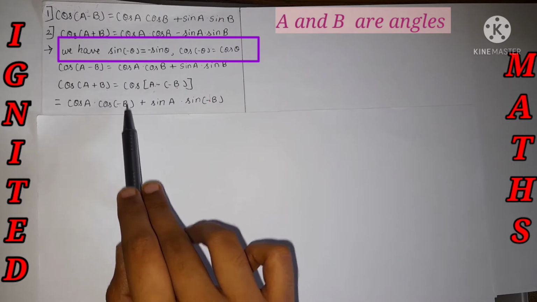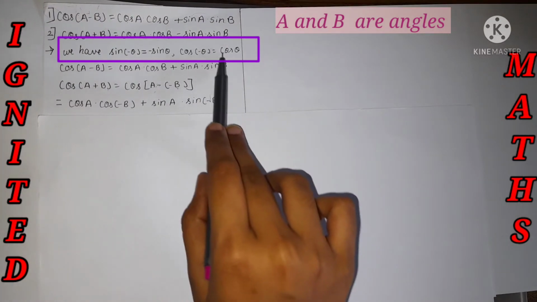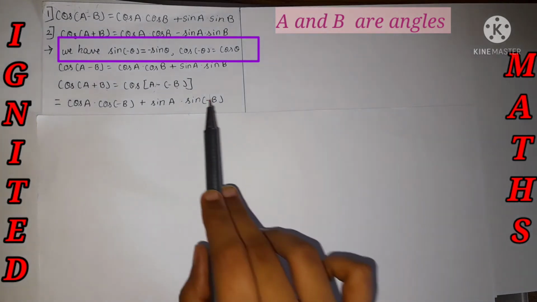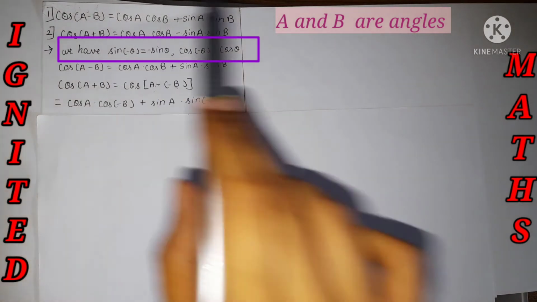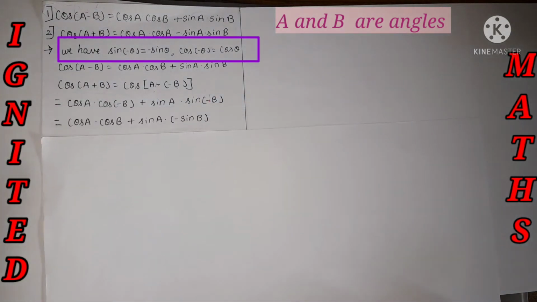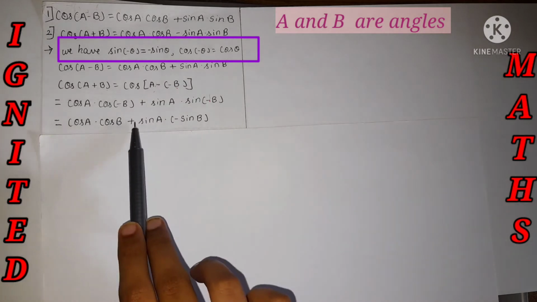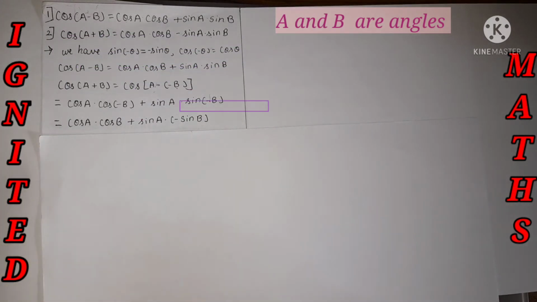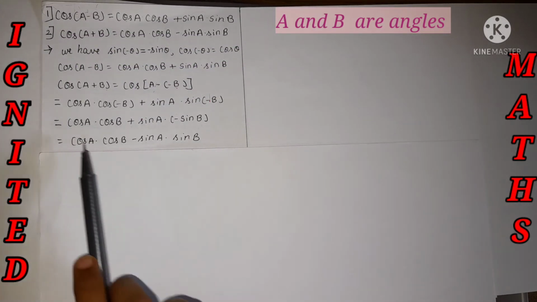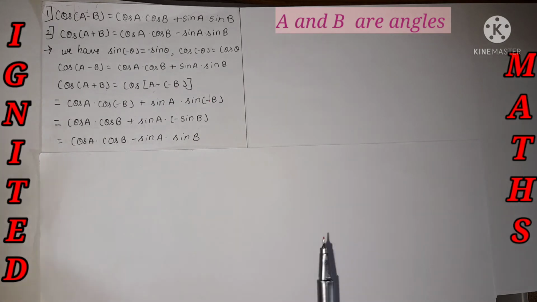So cos of minus B is nothing but cos B, and sine of minus B is nothing but minus sine B. Plus into minus is equal to minus, and the formula is cos A into cos B minus sine A into sine B, as we have mentioned.